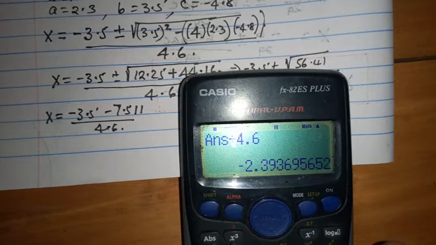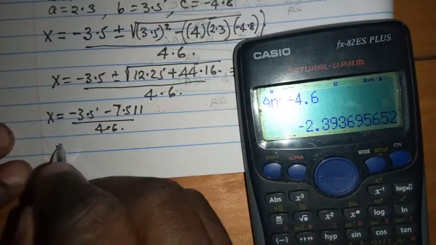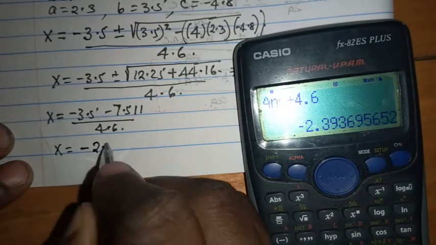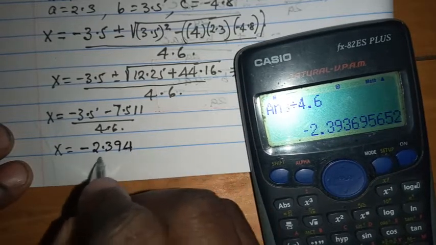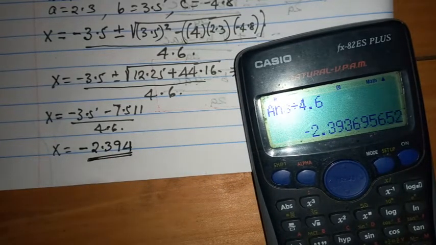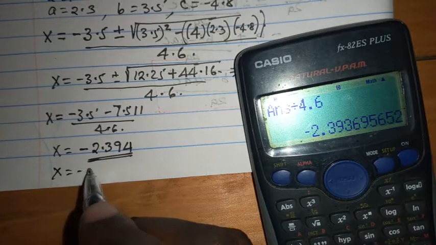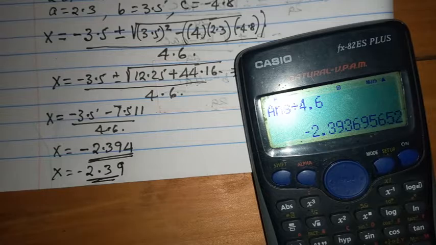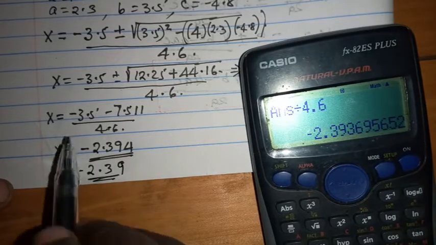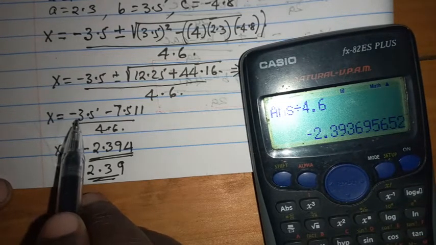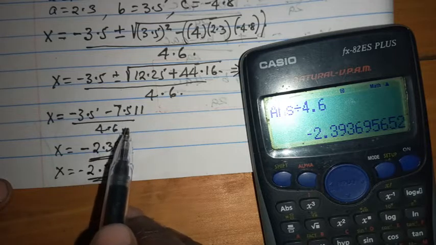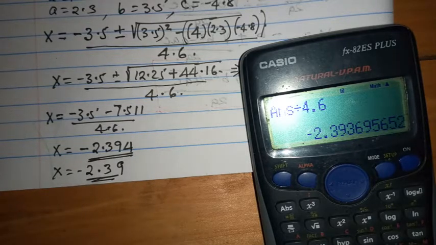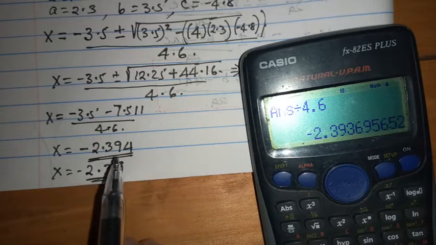That is one answer, x equals negative 2.394. Because we should give our answers to three significant figures, x becomes negative 2.39. Please note what we have done: we have taken minus 3.5 minus 7.5, which gave minus 11 point something, divided by 4.6.